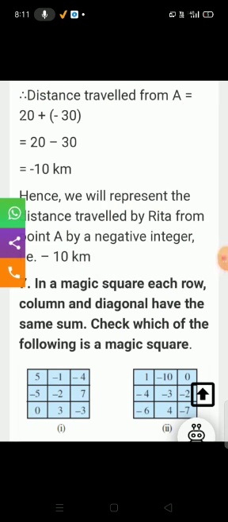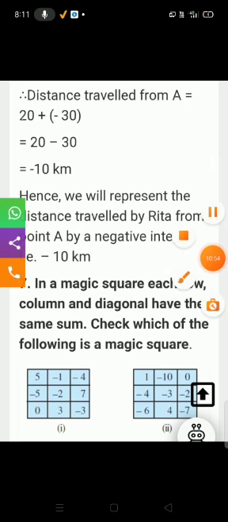Okay, next question. In a magic square, each row, column and diagonal has the same sum. Check which of the following is a magic square. The question is very easy.